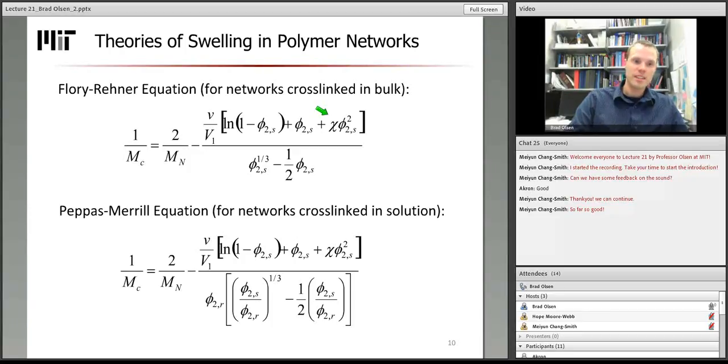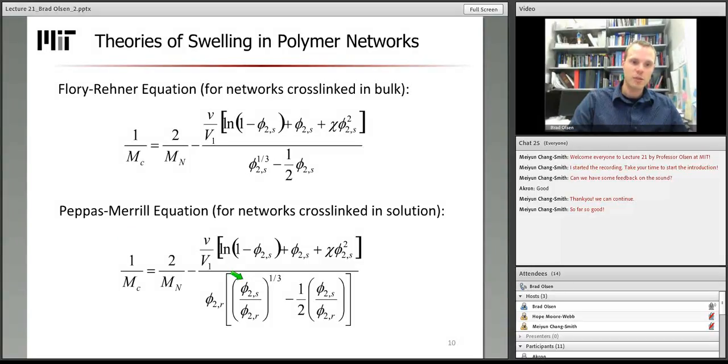Peppas and Ed Merrill, one of our emeritus faculty members here at MIT, developed an equation that can account for swelling in a material that is cross-linked in a solvent and then swollen either in a different solvent or in additional solvent after the synthesis of the gel. And the key modification is that they renormalize certain powers.